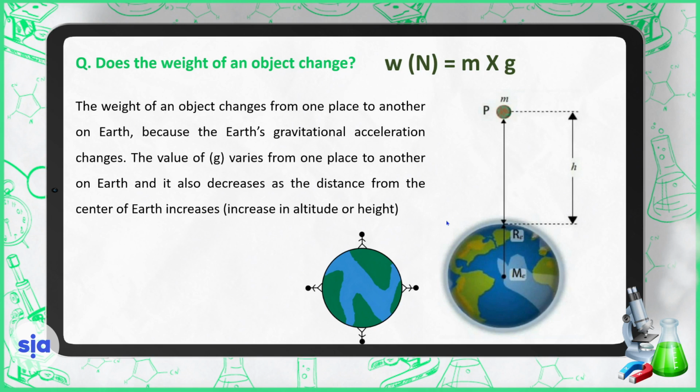The gravitational acceleration value varies from one place to another on Earth, and it decreases as the distance from the center of Earth increases. This means an increase in altitude or height. So whenever we go far from the center of Earth, the gravitational acceleration will decrease, and therefore the weight will also decrease.